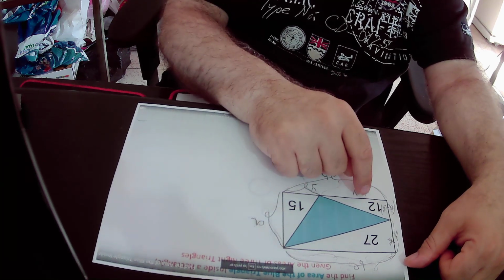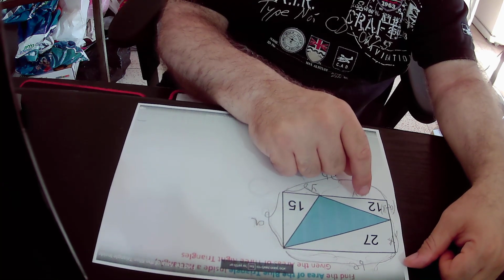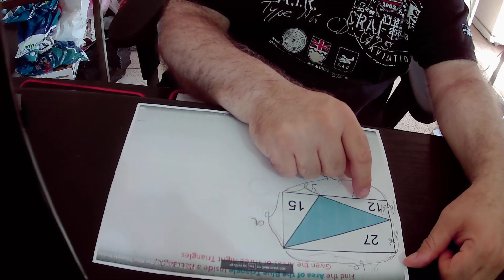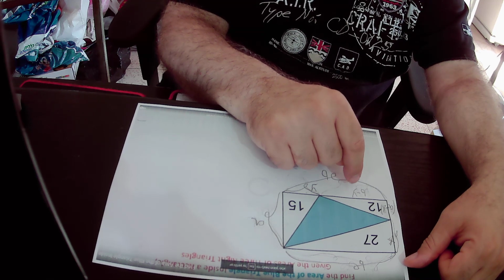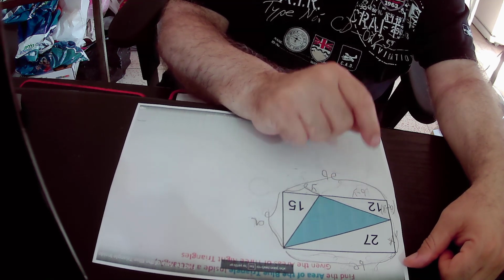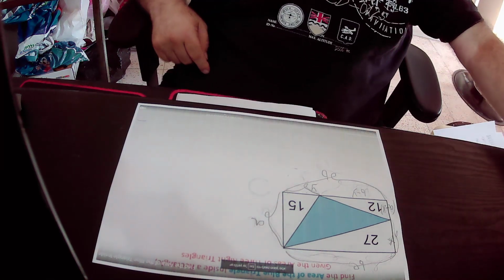The third equation, for the area of this right triangle, is B minus y times A minus x divided by 2 equals 12.